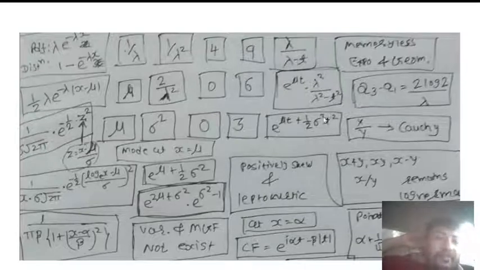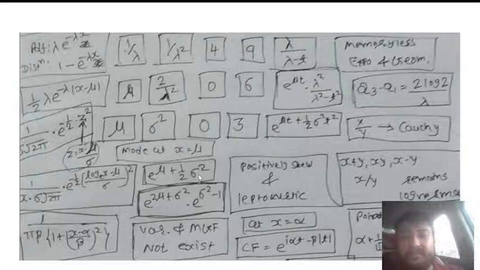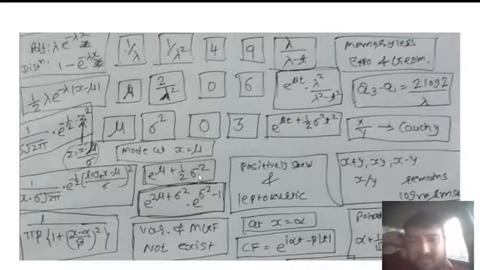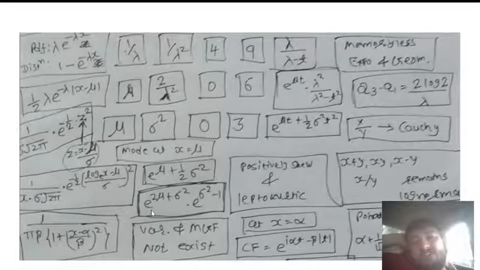It looks like the moment generating function of the normal distribution, but it is the mean of the log normal distribution. And the variance of the log normal distribution is e raised to 2 mu plus sigma square into e raised to sigma square minus 1.